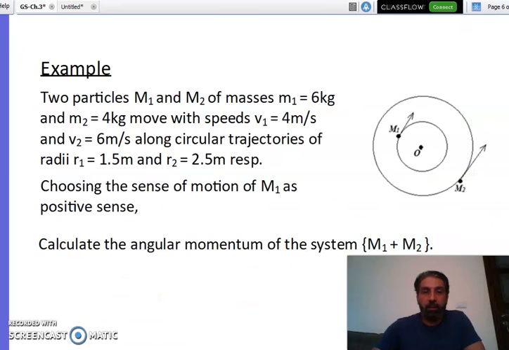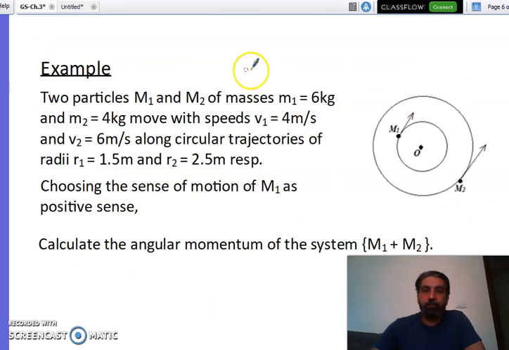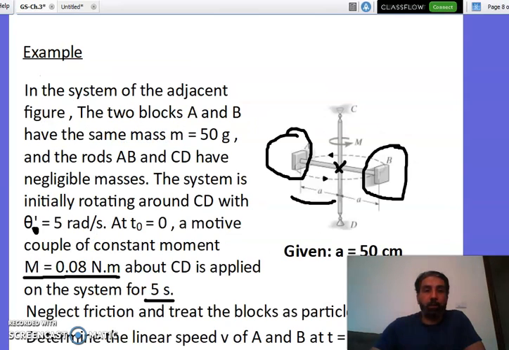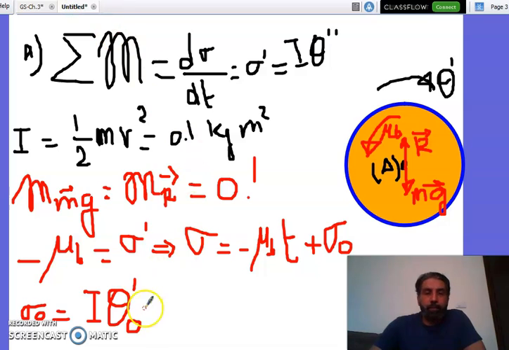Here, this is the angular momentum of the rigid body. Okay? So I have to find I equal half mv squared.